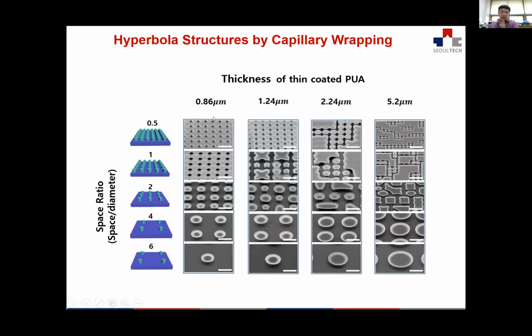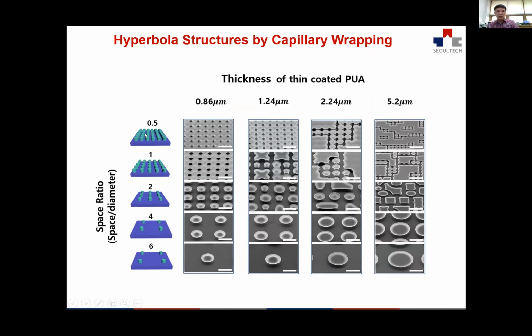This one is the experimental result. We vary the space ratio from 0.5 to 6, and we control the thickness of the liquid prepolymer from 0.6, 0.86 to 5.2 micrometers.